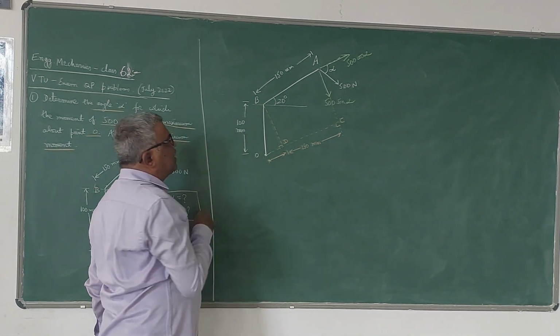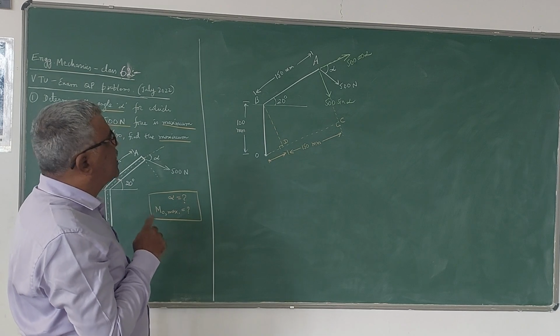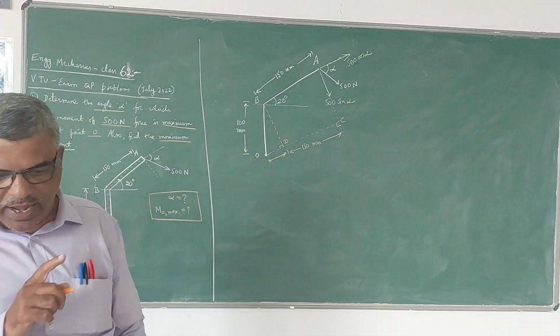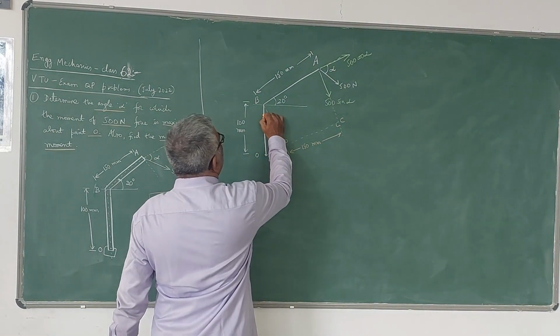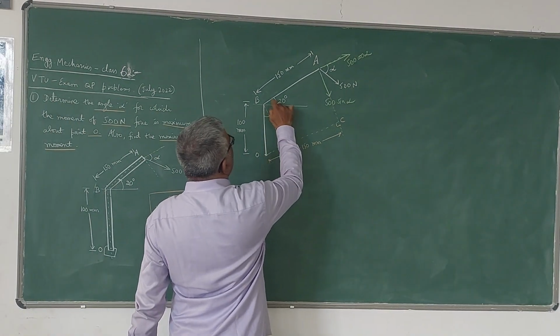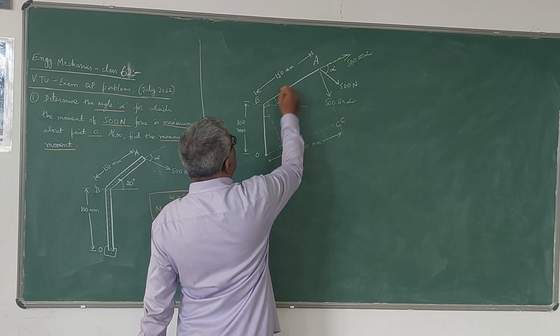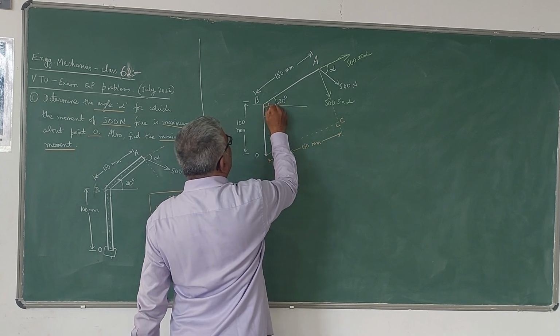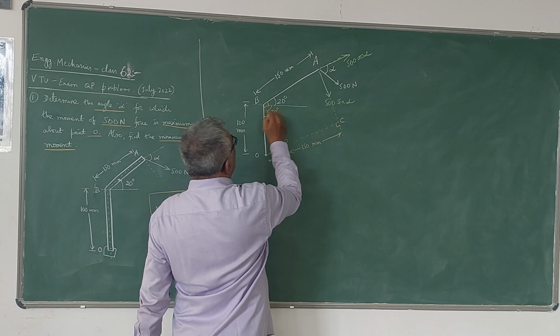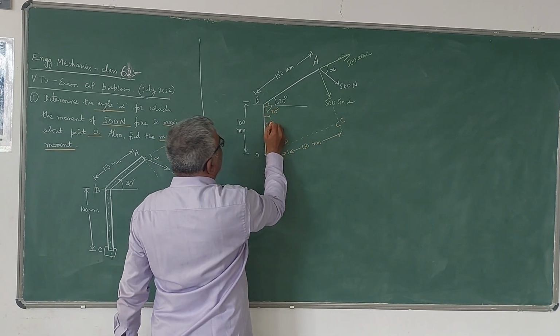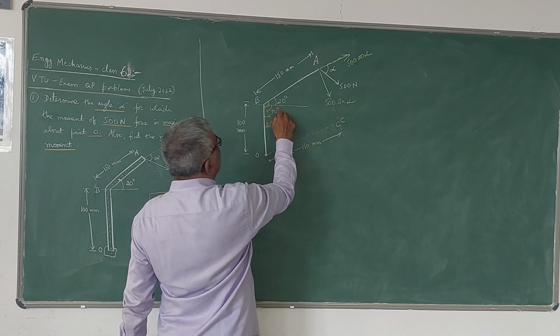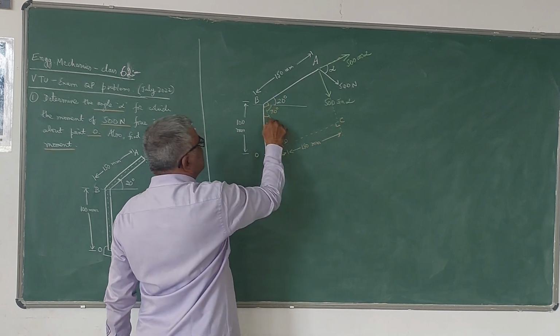If you observe the sketch, so here what happens? This is perpendicular to this. Therefore, when this is 20, this should be 70, and this vertical line is perpendicular to this horizontal line. Therefore, this should be 20. So this plus this is 90, this plus this is 90. So that means this is 20 degrees.